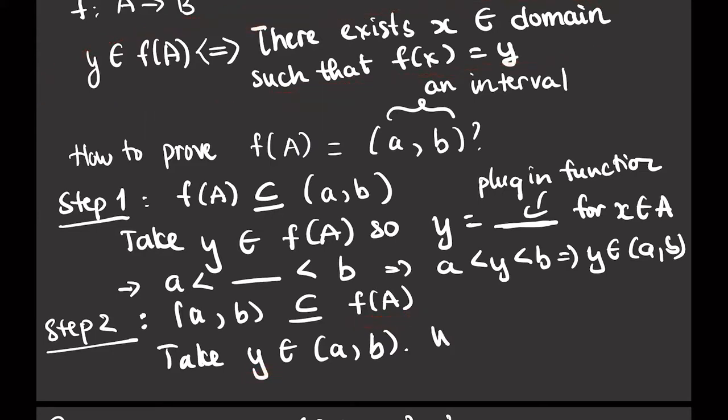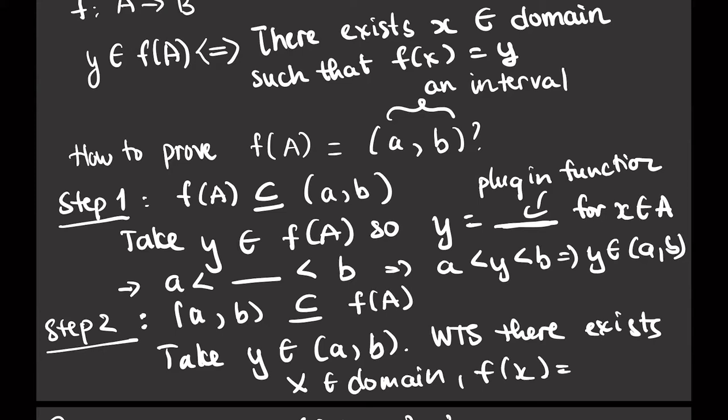So we will show that there exists x in the domain such that f(x) equals y. So in the rough work, you will have to solve for x. And in your proof, you will say, take x equals something, and argue why x is in the domain.